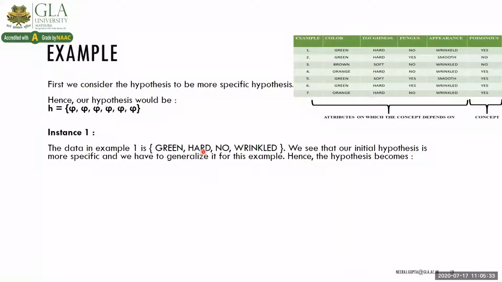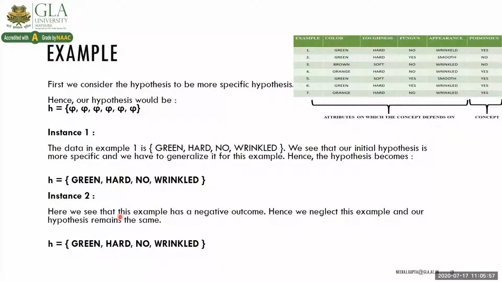First we take the instance green, hard, no, wrinkled, which is the first one, and poisonous, which is the concept. These are the attributes, and this last one is the concept which we have to learn. The concept is yes, that means a positive example. So the hypothesis becomes green, hard, no, wrinkled.